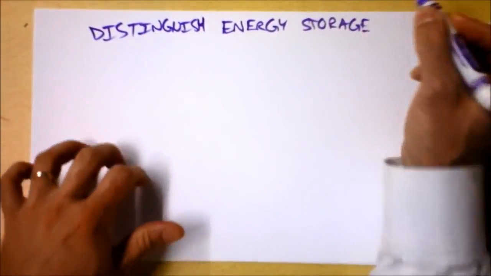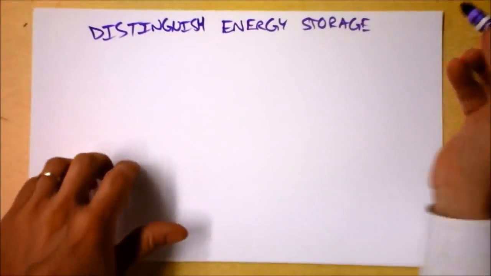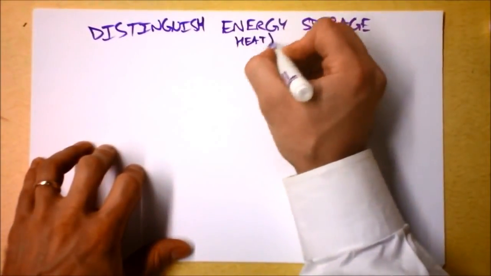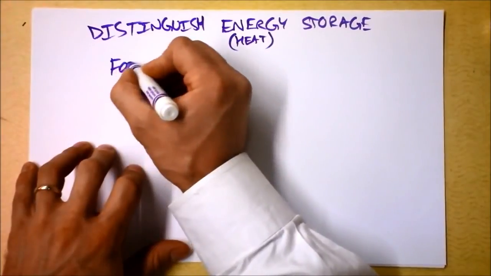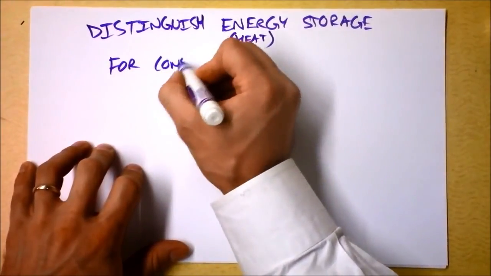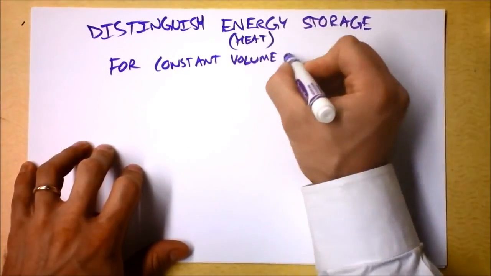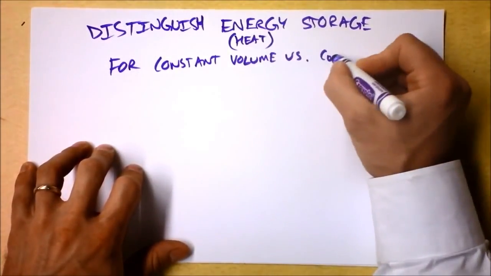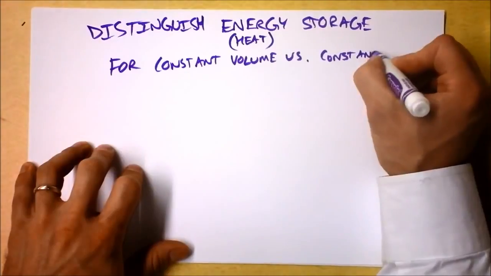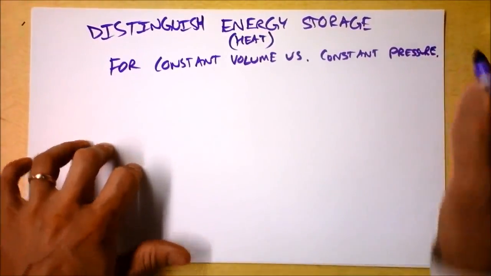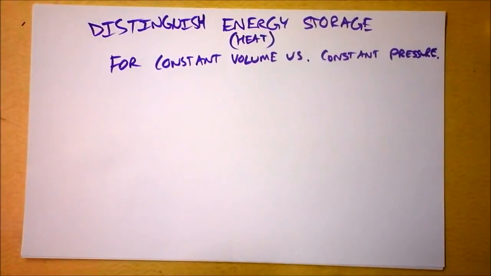I really want to get into the idea of a specific heat, distinguish energy storage and heat storage for constant volume versus constant pressure situations. Ready? Here we go. Here's the big question. I'm going to set it up with constant volume first, and I'll get a box.